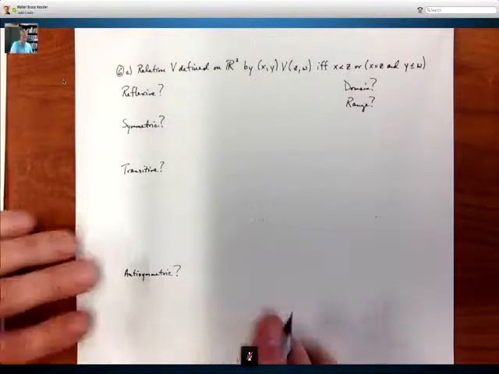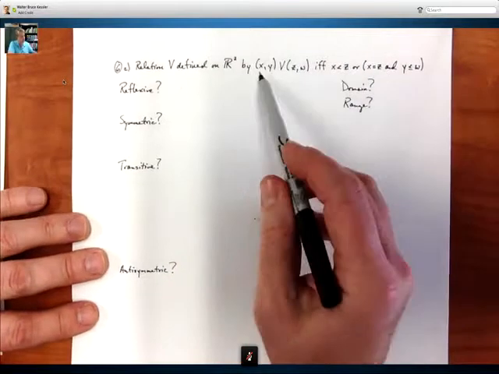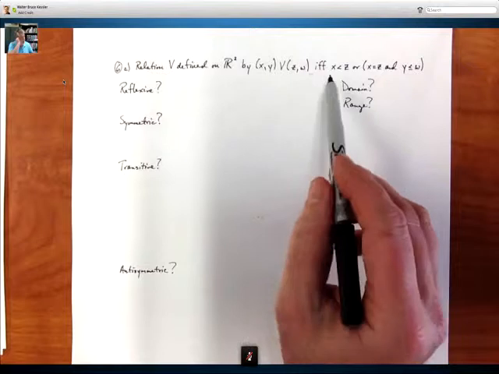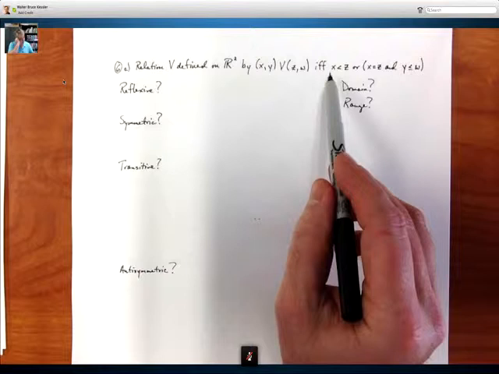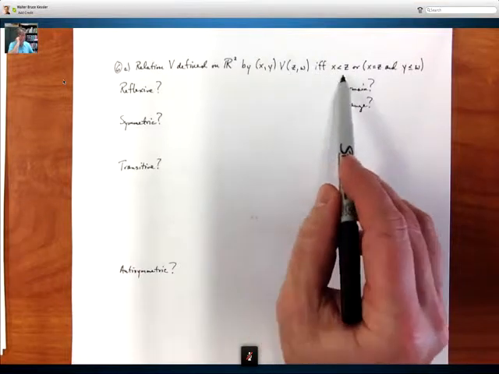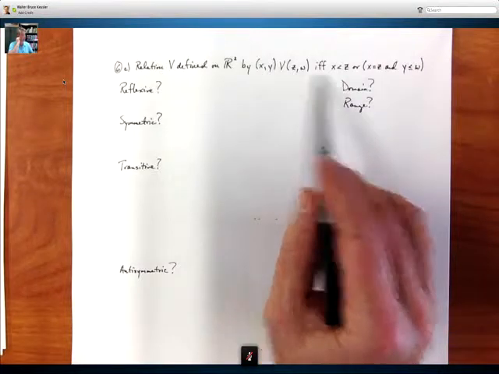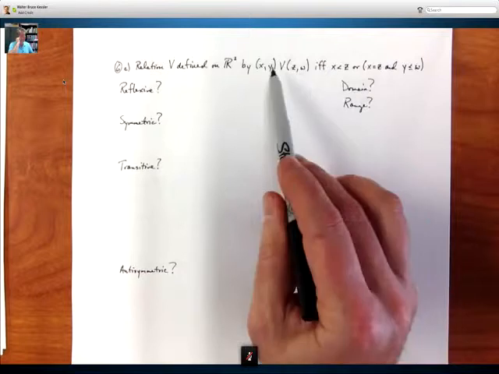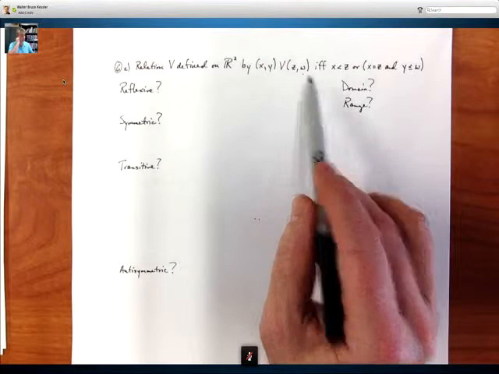6c says, okay, we've got this relation V defined on R2 by this point V, that point, if and only if x is less than z, so the first coordinate less than that coordinate, or the first coordinates are equal and the second coordinate is less than or equal to that second coordinate.